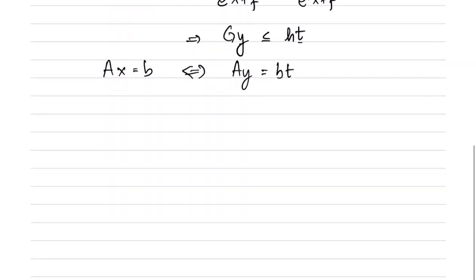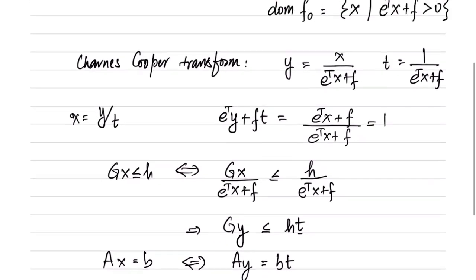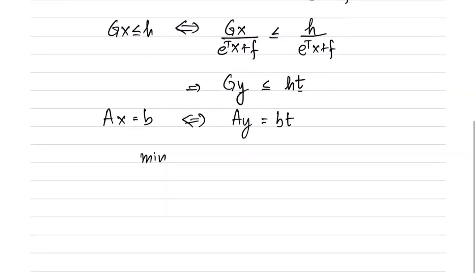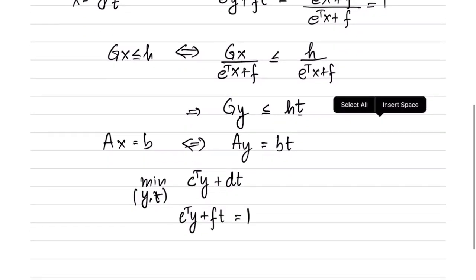So in summary, we have the objective function as minimize c transpose x plus d divided by e transpose x plus f. The objective function therefore becomes c transpose y plus d t. The optimization is with respect to y and t, and the constraints are e transpose y plus f t equal to 1, which was obtained here.